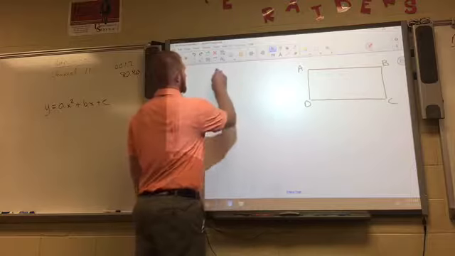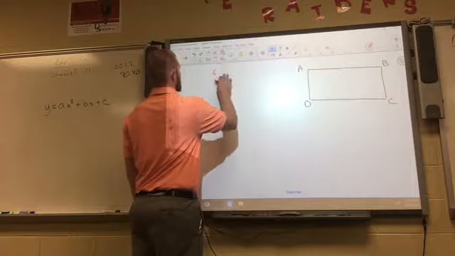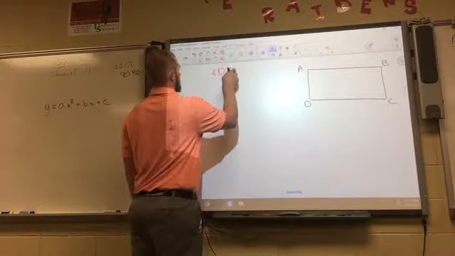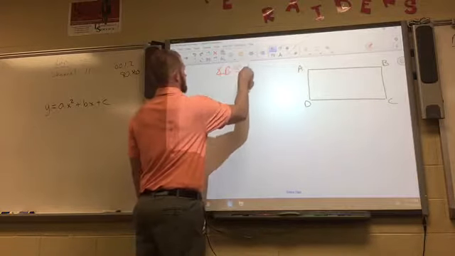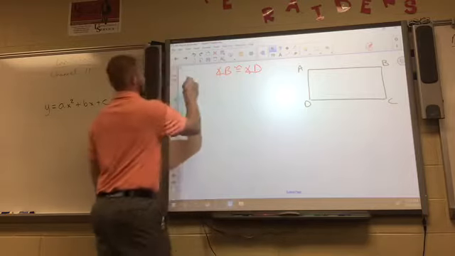What we are trying to prove here is that angle D, I don't know why I wrote 2, I'm going to write it in alphabetical order, angle B is congruent to angle D. That's what we're trying to prove.